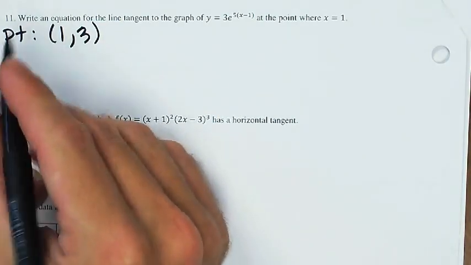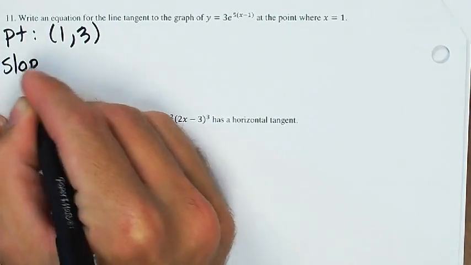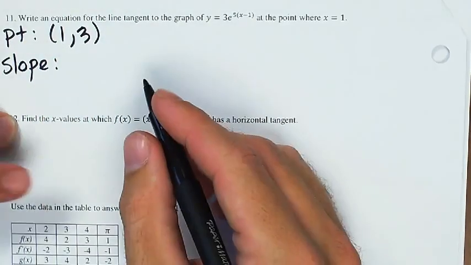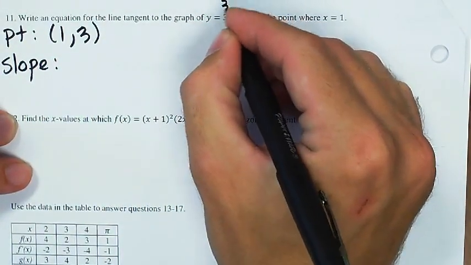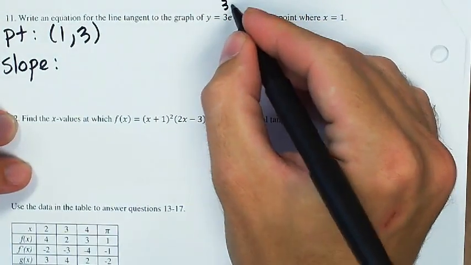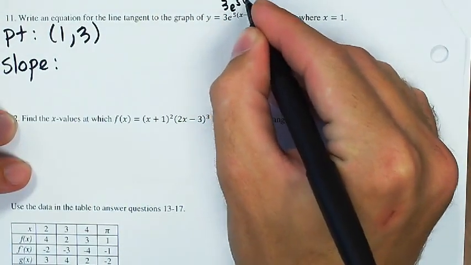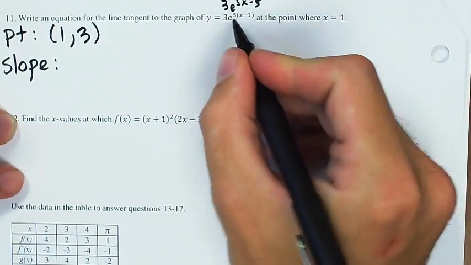Then I'm going to have a slope, which I'm going to need to take the derivative, right? And honestly, I'm going to rewrite this as 3e to the 5x minus 5. Not sure why I put it like that.